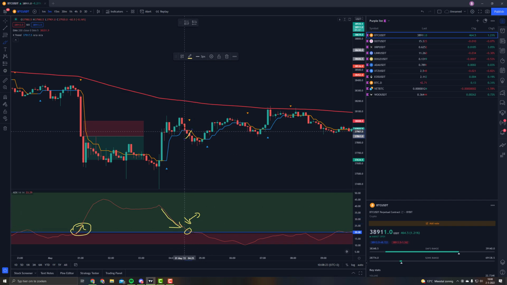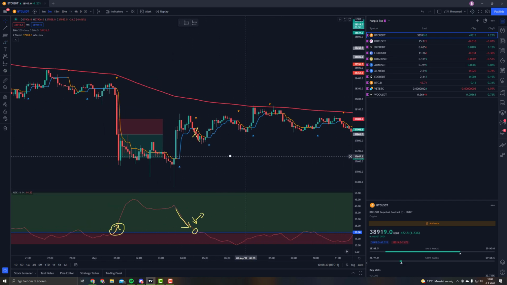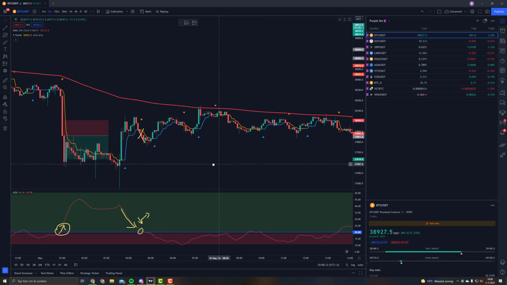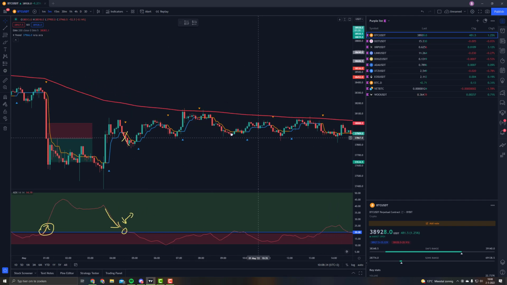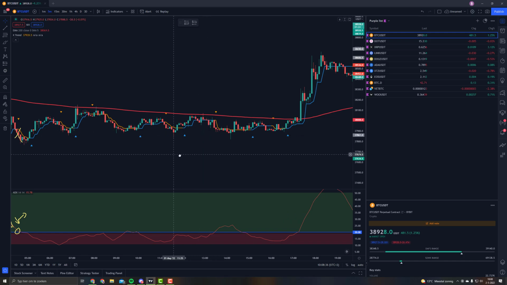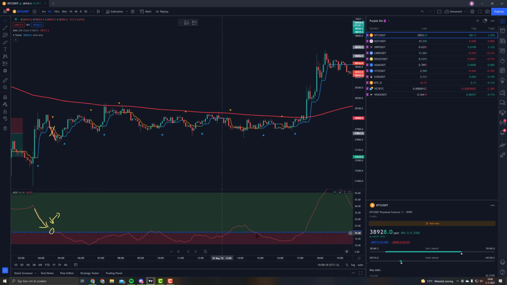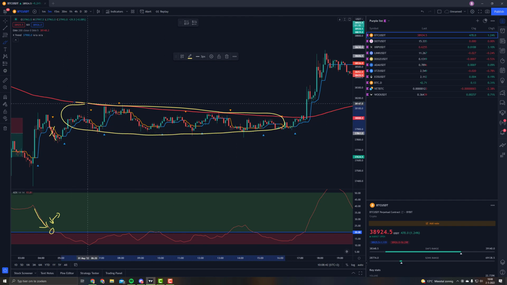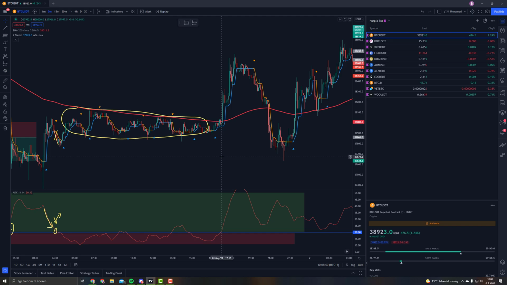So I would recommend do not take these trades. This is just gonna be a 50%. It's just casino work like that. You can ignore all of these signals, and as you can see, it's underneath the 20 line. And what is the price doing? It's literally going sideways. So that is why I'm using the ADX to filter out these bad trades.